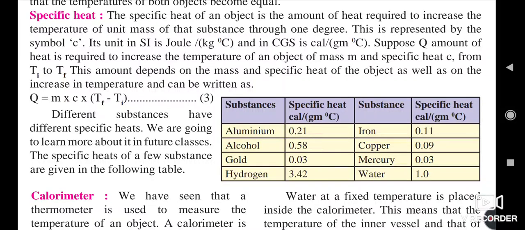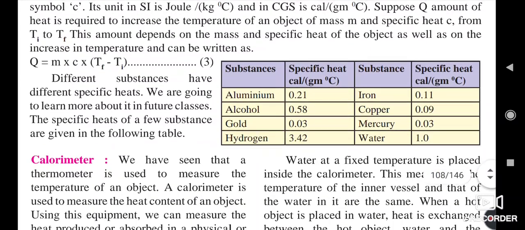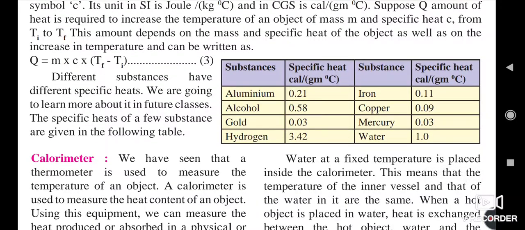Aluminium has a specific heat of 0.21, alcohol 0.58, gold 0.03, hydrogen 3.42, iron 0.11, copper 0.09, mercury 0.03, and water has 1. So water is the base for the change in temperature.